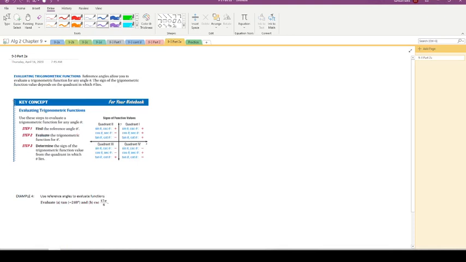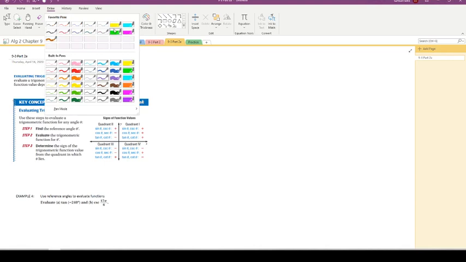The next thing that we want to talk about is evaluating trig functions, and we're going to have to know some things about that. Let's do some highlighting because we need this, especially for what we're doing now.